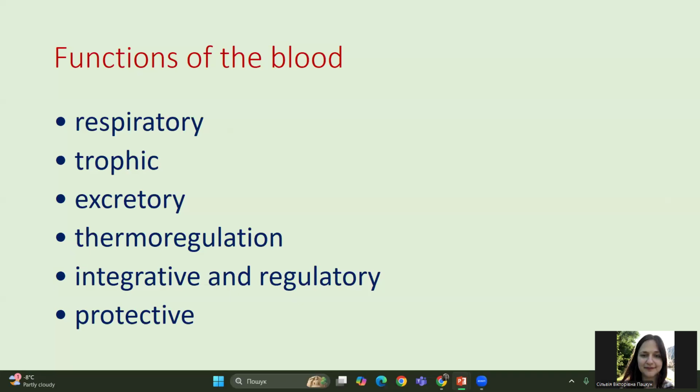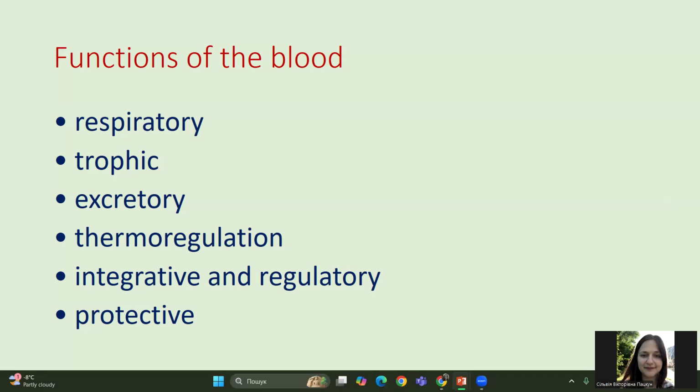Trophic function is realized by transporting useful nutrients to the tissues. Excretory function is transport of waste products to the excretory organs.